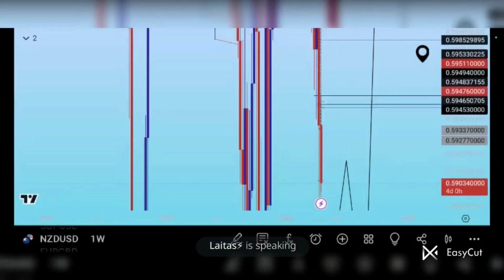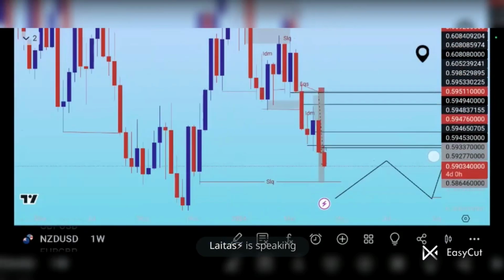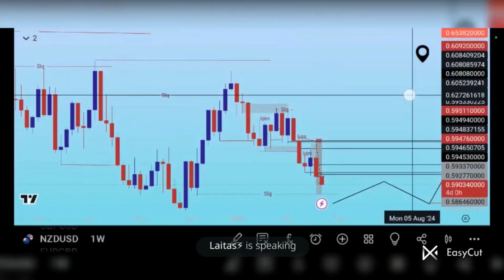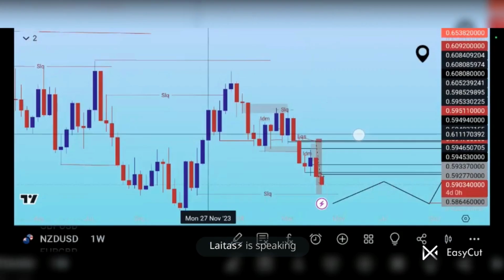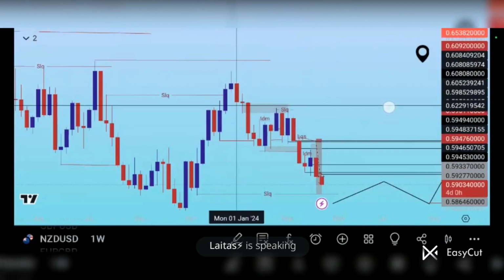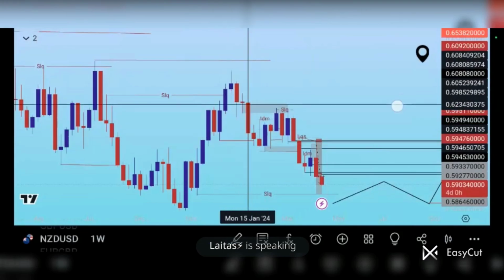So for direction, you can see that even from here, we broke this classic weekly support, which indicates that monthly is in control.